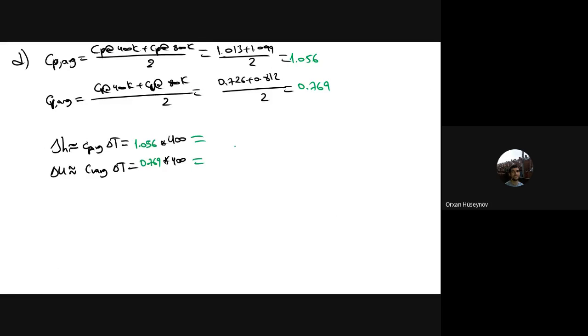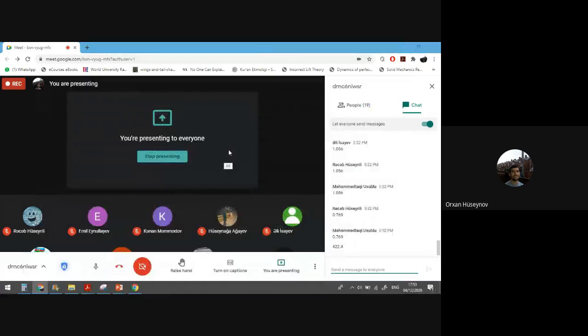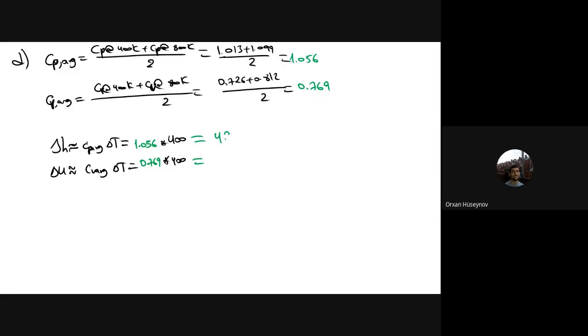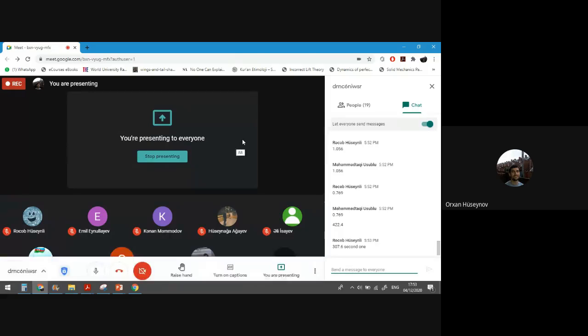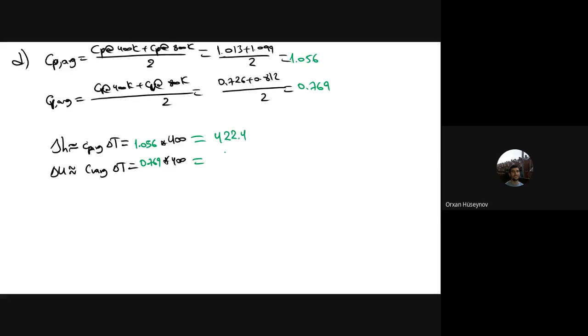As a result, you have 422.4 and the second one is 307.6, both in kilojoules per kilogram. Okay, so this is the last method.